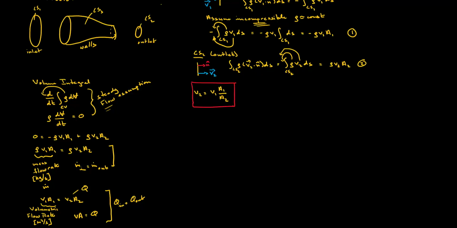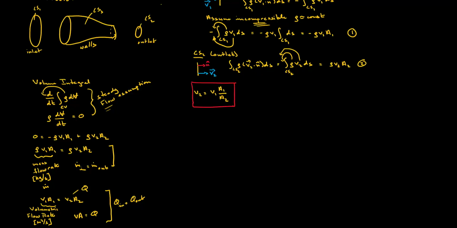A further assumption of incompressibility yields that the product of the velocity and the area, which is known as the volumetric flow rate, that too is constant, meaning that the volumetric flow rate in is equal to the volumetric flow rate out. Okay, and this is what allowed us to find our velocity at the outlet. So we've exhausted what we can usefully obtain from conservation of mass.